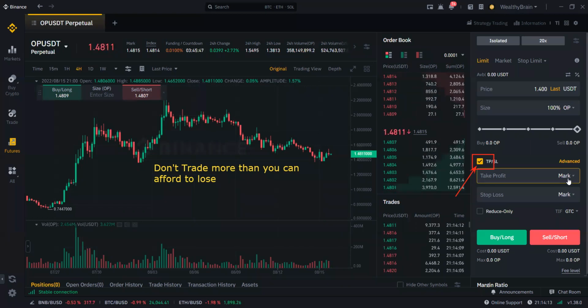Let's assume you entered the trade at 1.40 and you are given 1.52 to take profit, depending on the take profit you are given. So let's assume this is the first target. We are expecting to hit 1.52.